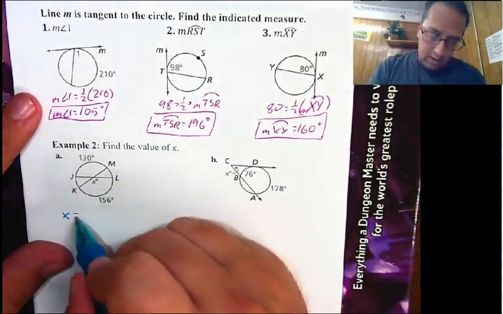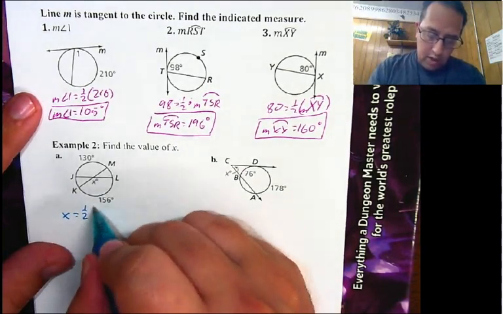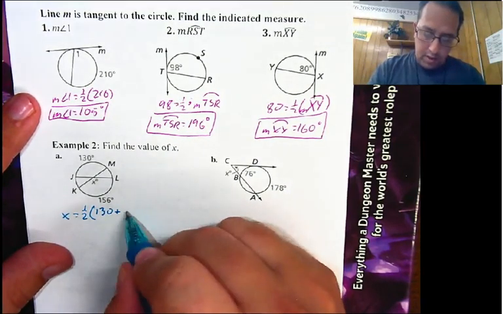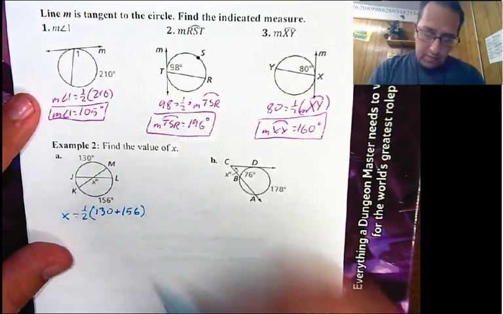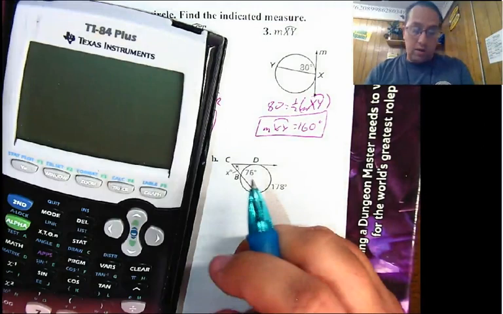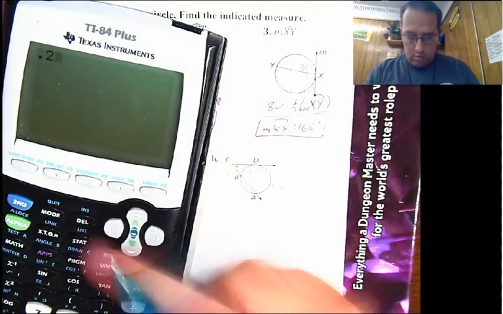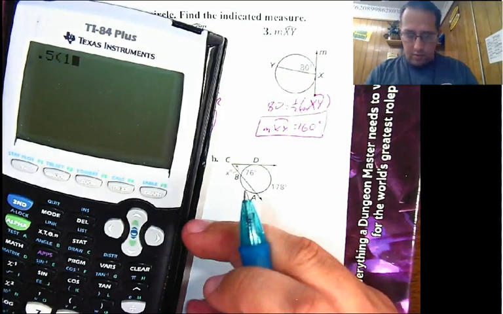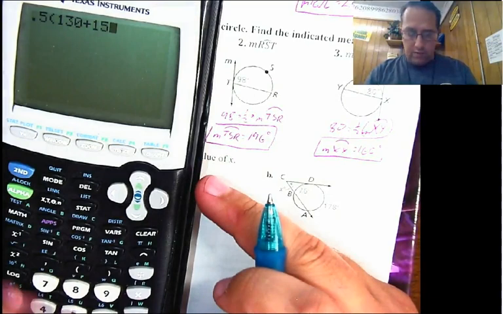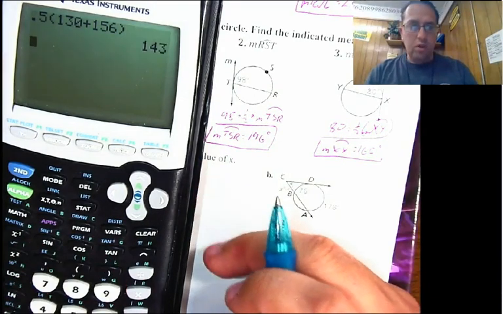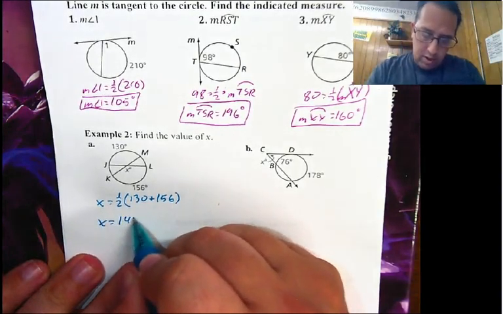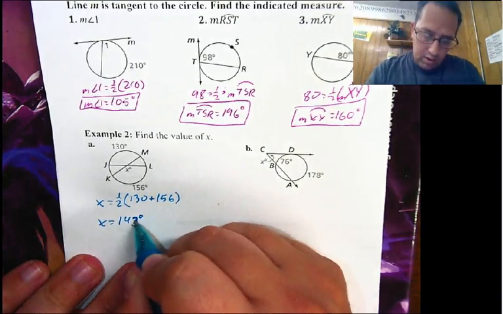So x is equal to 1/2 times 130 plus 156, the sum. I'm being lazy, so I'm going to type it in my calculator. 1/2 times 130 plus 156 is 143. So x is equal to 143 degrees. That's hideous.